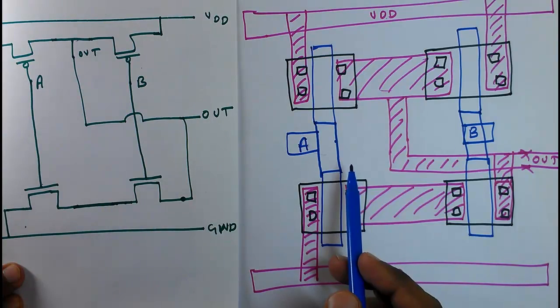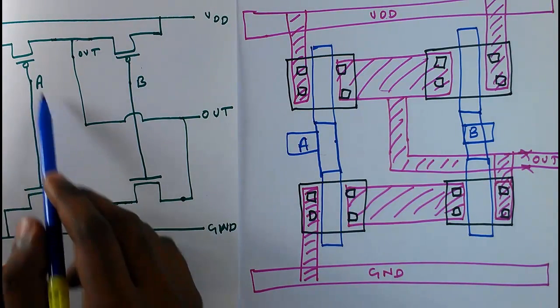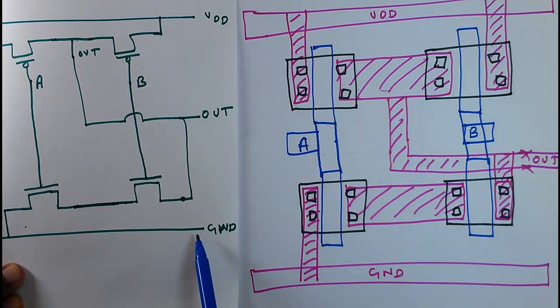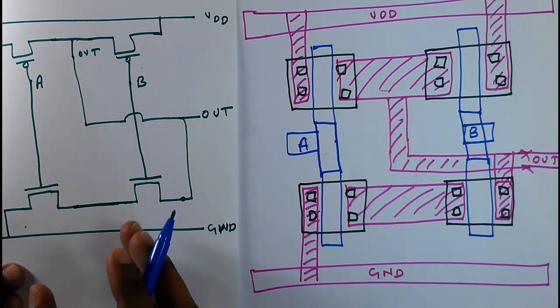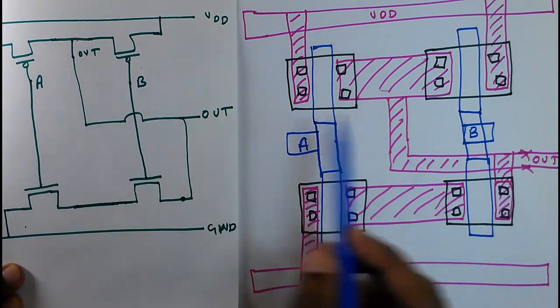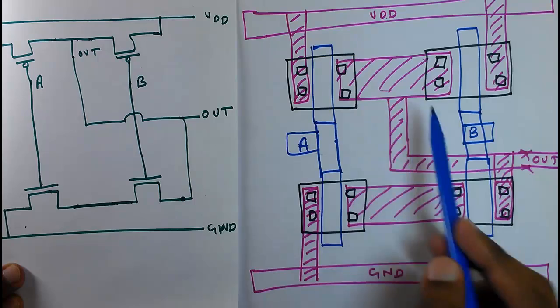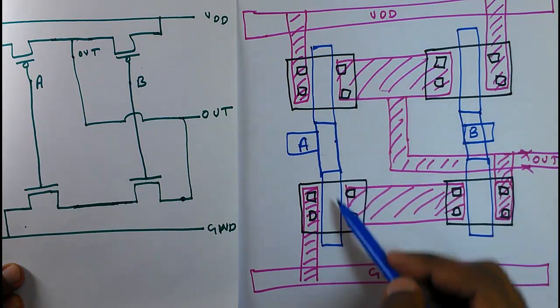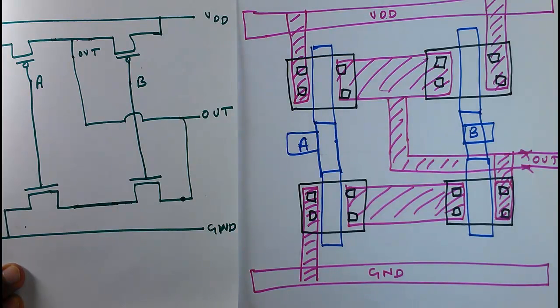After we made this schematic, we are just replicating this in the layout form. So the symbol of the MOSFET is replaced by the layout of the MOSFET, and we made poly to poly, gate to gate connection with the poly, and all the other connections with metal. So it will be more clear when we do the layout in Cadence. Let us go to Cadence and do the layout.